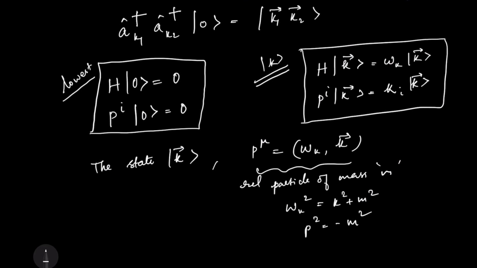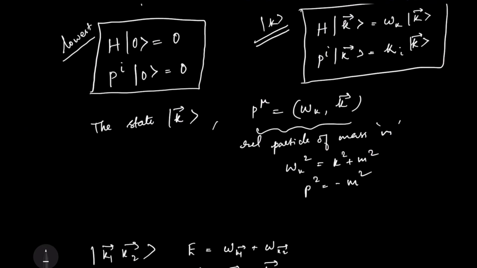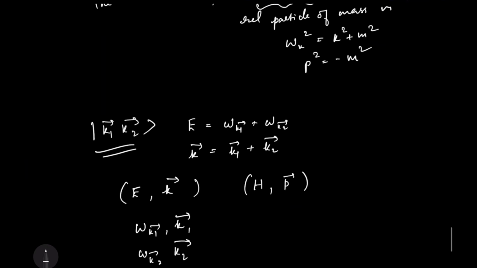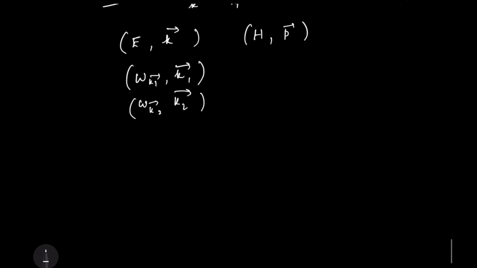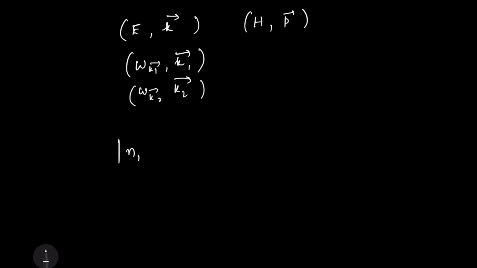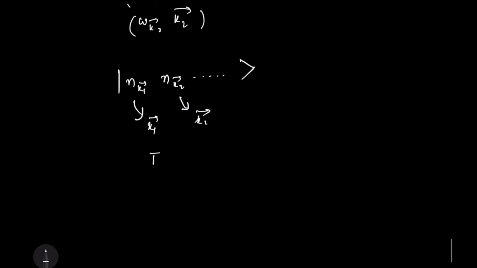Then the state K, where you have a particle of mass m with momentum (omega_K, K), and then two particles with energy and momentum (omega_K1, K1) and (omega_K2, K2).